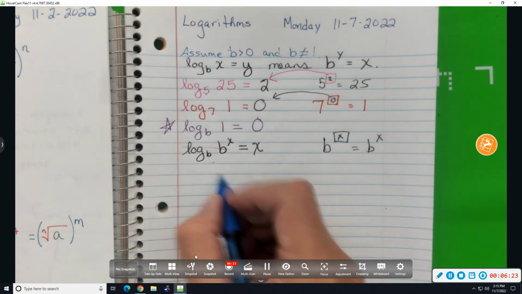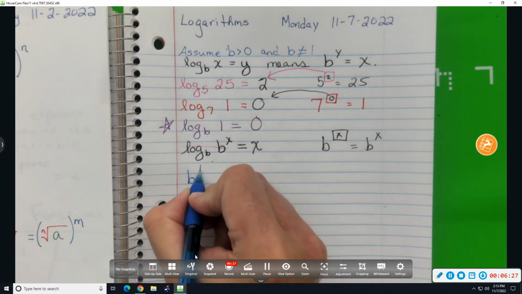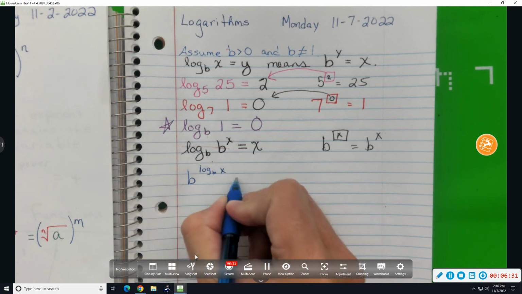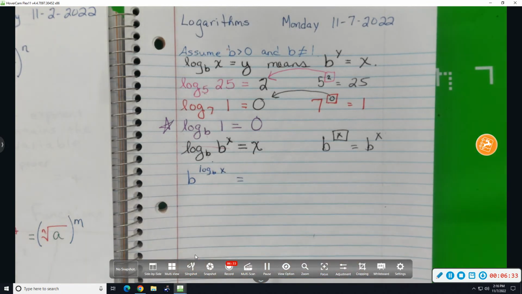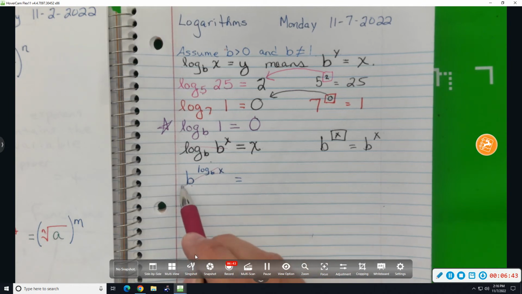It could also be written this way. If we had a capital B and then up in the exponent, log base b of x. If you have the same big number here and here, same big number here and base there, those are the same numbers. All of that cancels out.